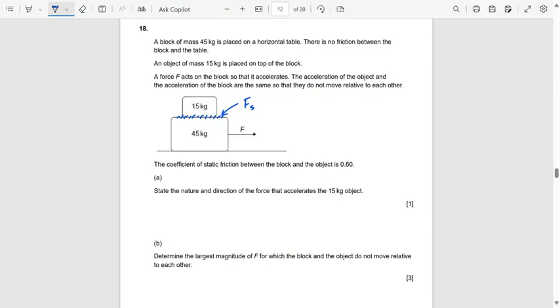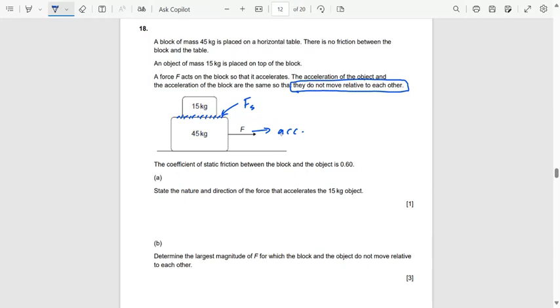Now, when this block is accelerated by applying a resultant force, it's going to accelerate. It says that they do not move relative to each other. So whatever acceleration this one has, the smaller block also has the same acceleration, otherwise it would move relative to it.